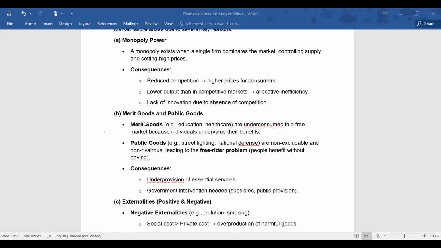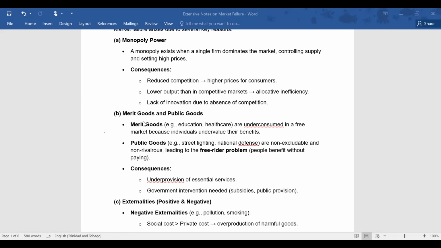When you have a lot of merit goods, it brings something positive to society, increases productivity, increases efficiency, that will help you achieve market success.